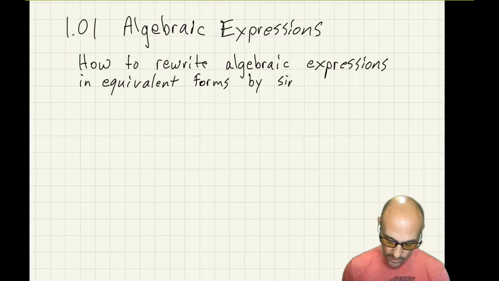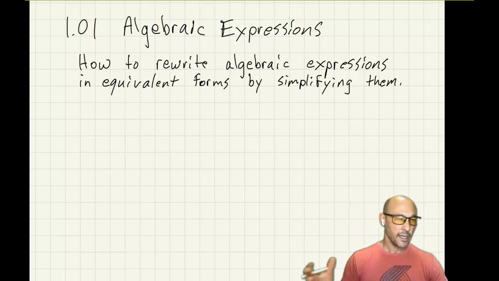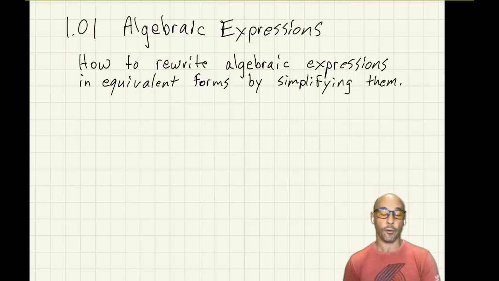And usually we'll be simplifying them. Simplifying is a weird idea though, because some people think one thing is simpler, other people think something different is simpler. Just depends on what you're using it for, really.